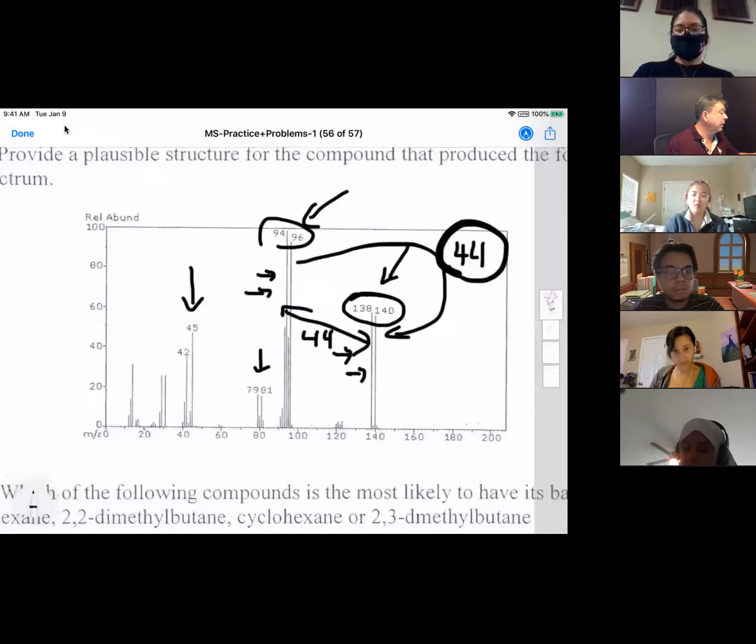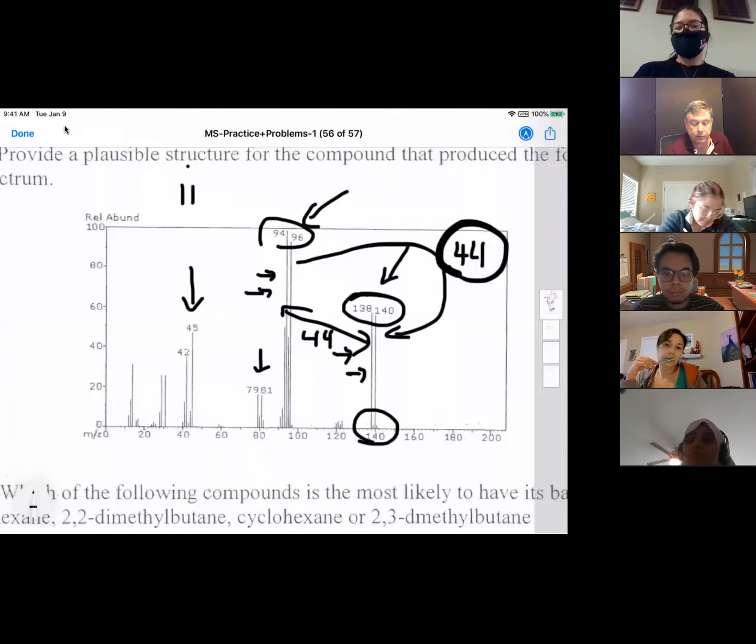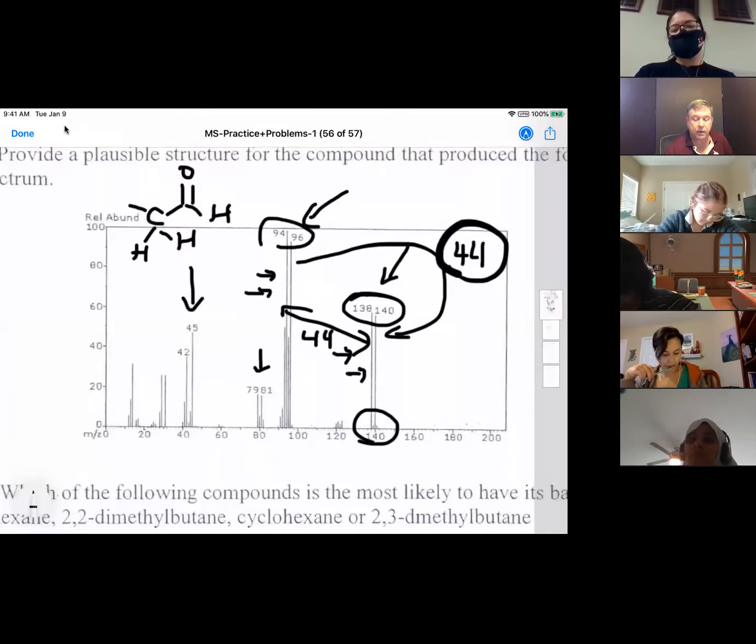Nitrogen is probably not in the system because our parent ion peak is not odd. So it's probably not one of the nitrogens. So we're looking at a fragment that looks something like HCH2. This is our 44 fragment right here, okay?